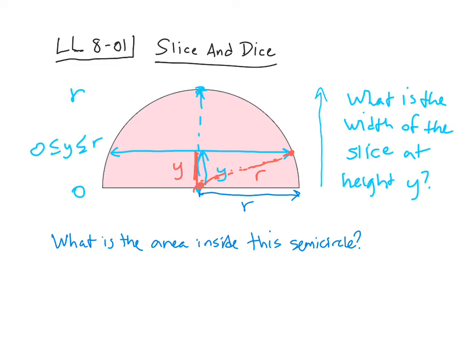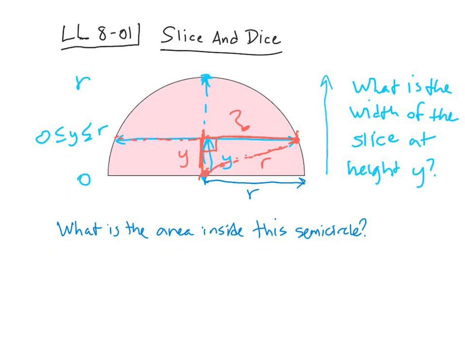So the question is, what is the length of this segment here? And if I find that, then I shouldn't have any trouble finding the width of this slice, because it'll be twice whatever is marked by the question mark here. All right, but now what I see here is a right triangle, and if I know two of the sides, I can use the Pythagorean theorem to find the length of the other side.